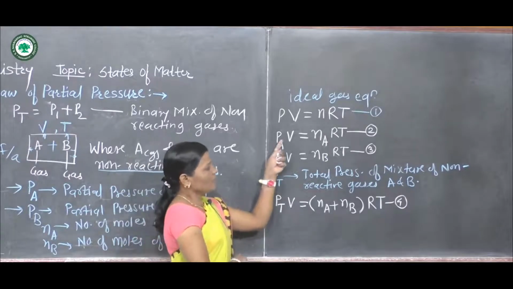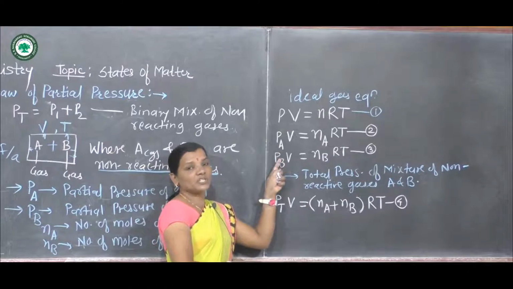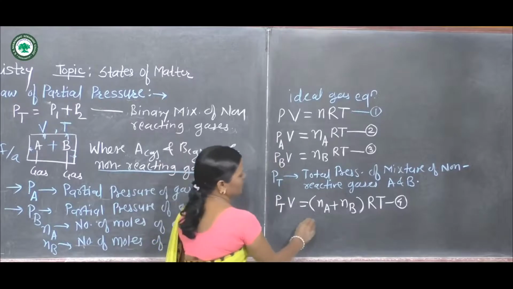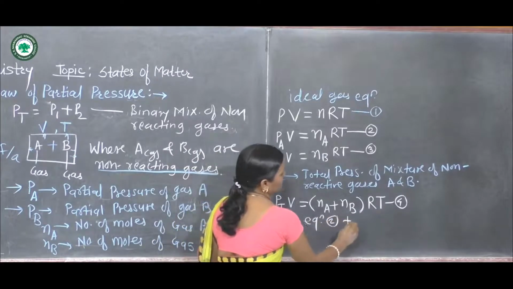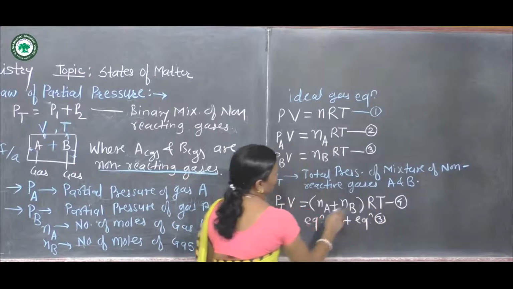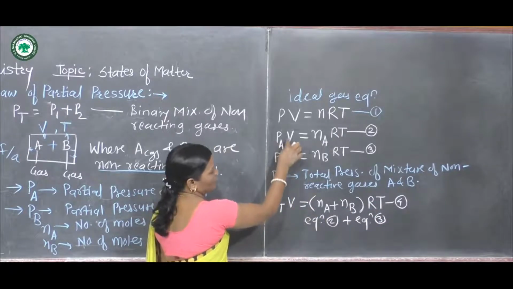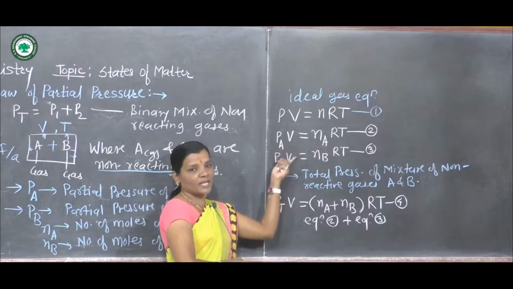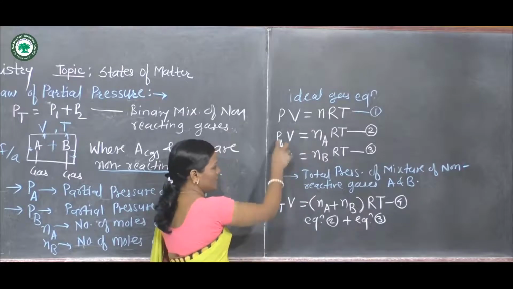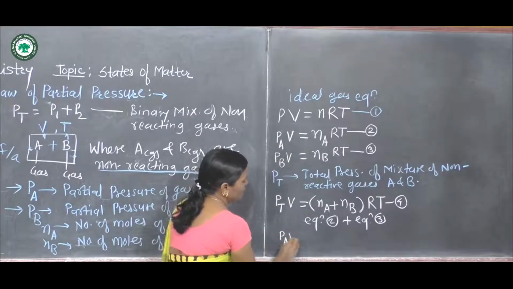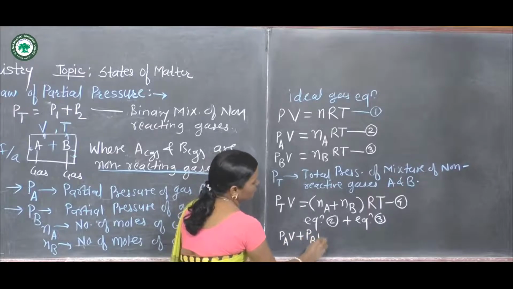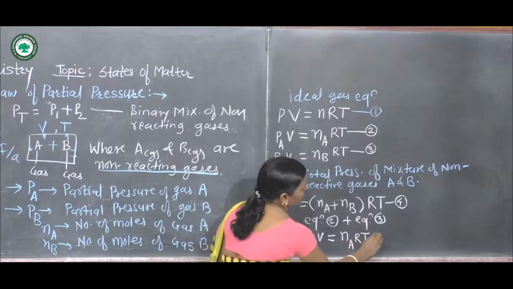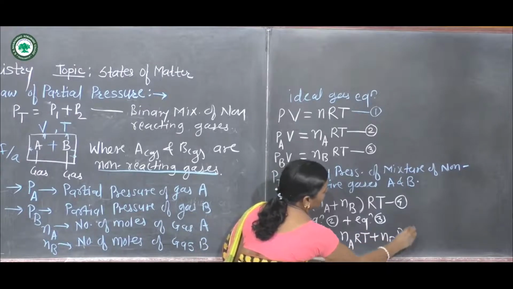Now, if we add equations 2 and 3, equation 2 plus equation 3, we get PA into V plus PB into V, because we have to add LHS to LHS and RHS to RHS. Then we get PA into V plus PB into V is equal to Na into RT plus Nb into RT.